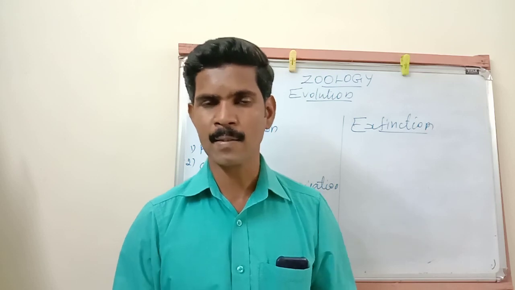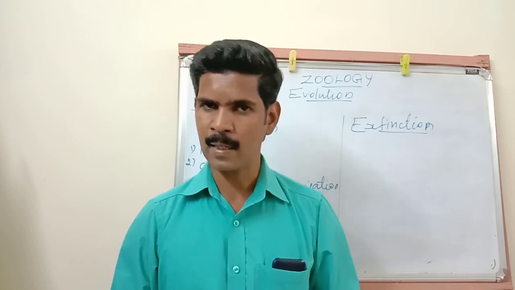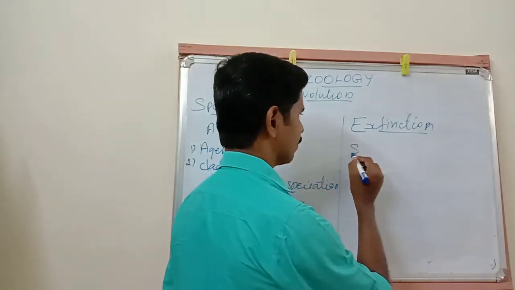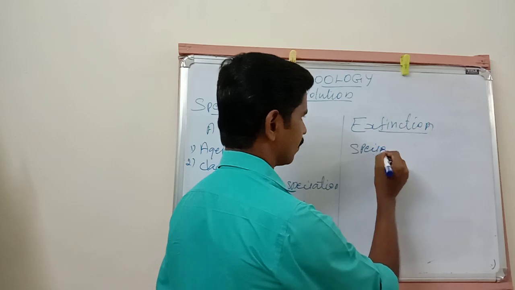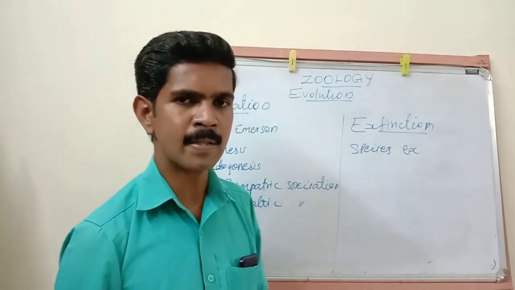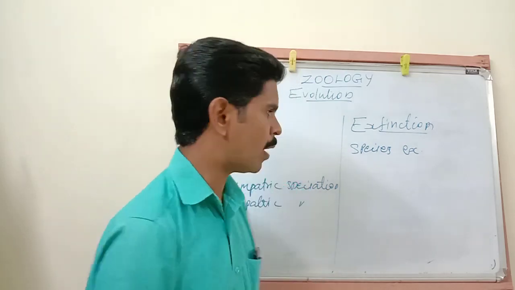So on the earth, the extinction process takes place at 3 levels. The first level is called species extinction. The second level is called mass extinction.